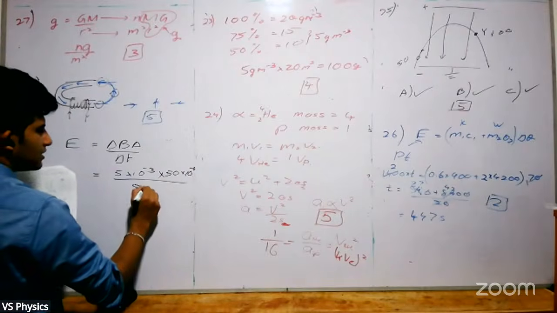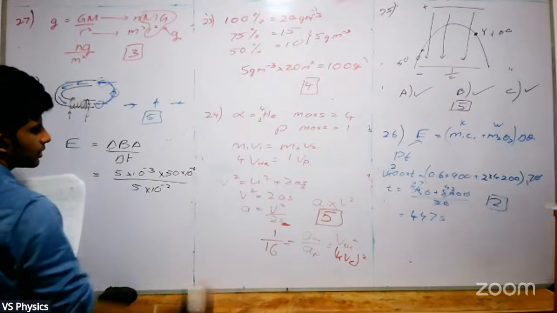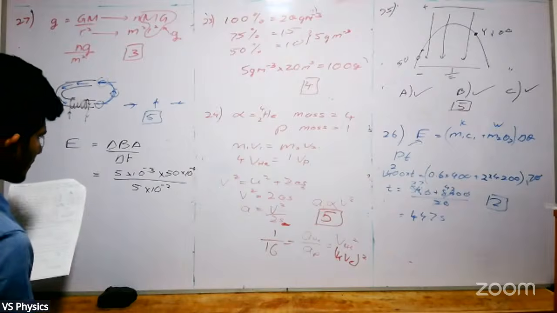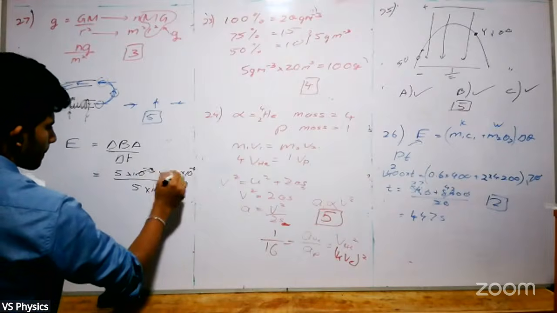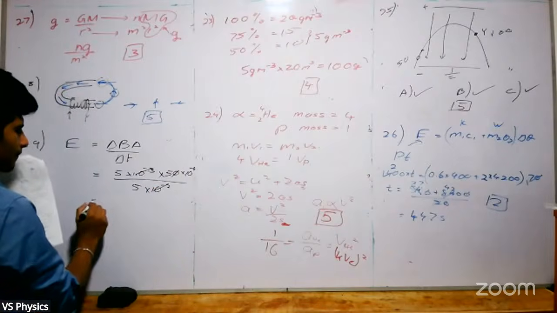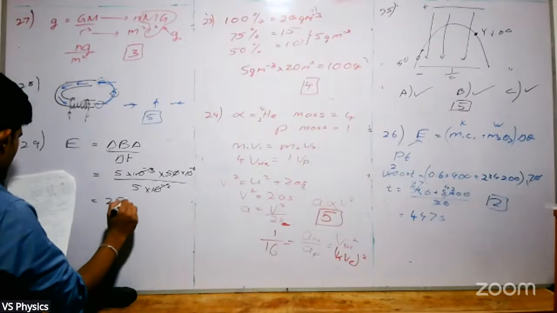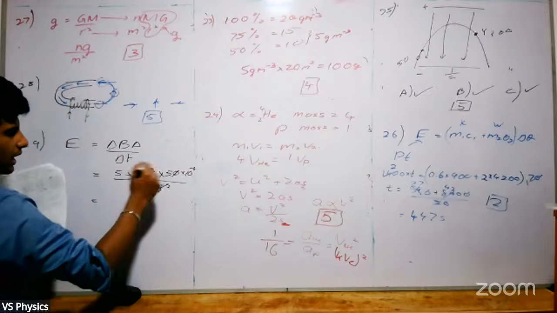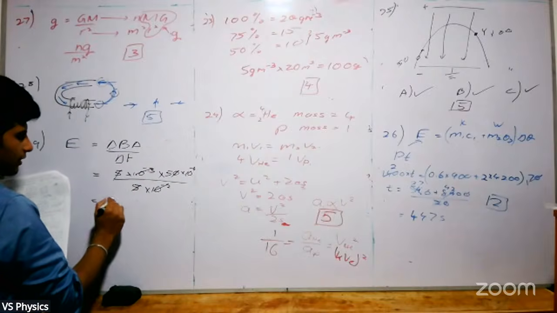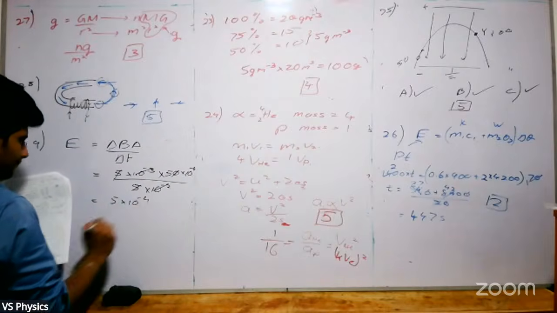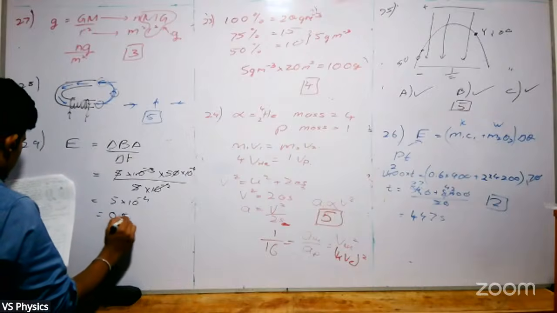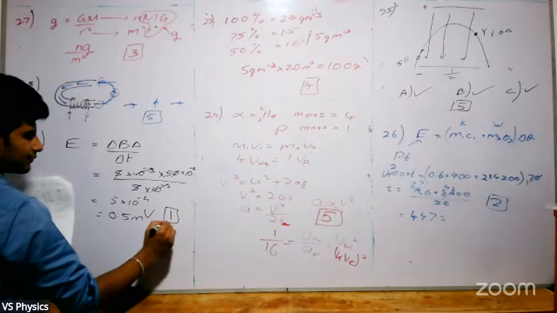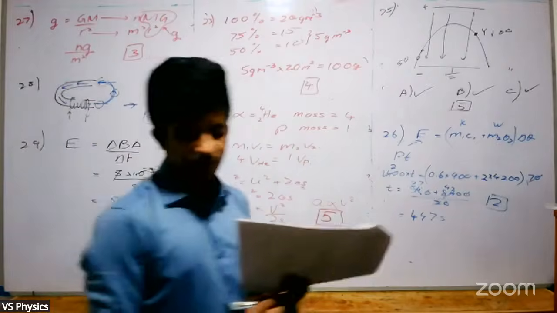Time is given as 5 times 10 to the power minus 2. That means 0.5 millivolt. This is given by the first answer.